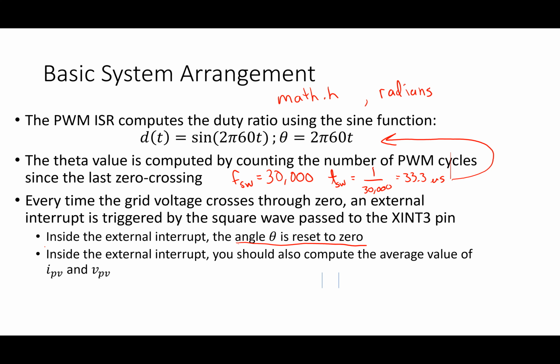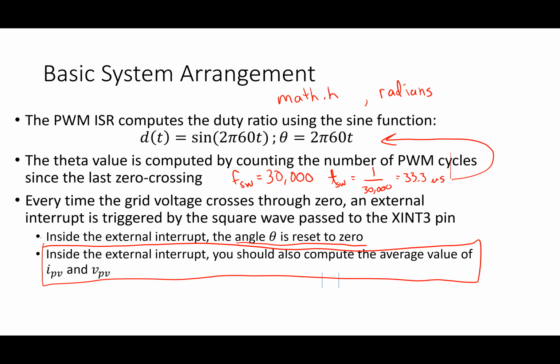The other thing I need to do inside here is compute the average value of IPV and VPV. Now in deliverable 1, all you need to do is calculate just for a single variable. You're not using IPV or VPV. We're not doing any control with it. We're just learning how to use the ADC to compute these averages.